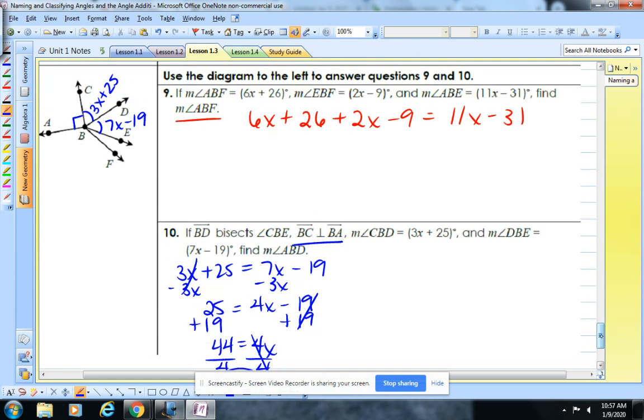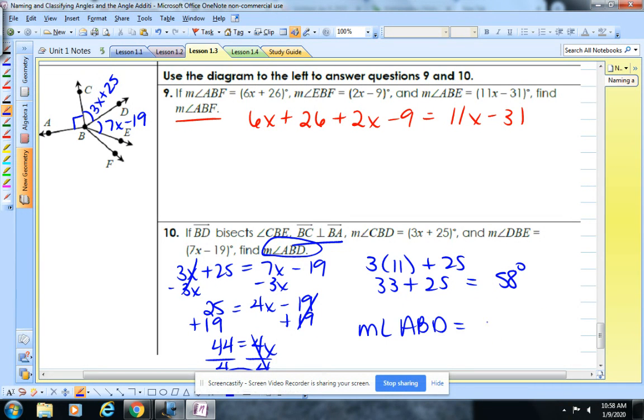So I can find the measure of this angle right here, right? 3 times 11 plus 25. 33 plus 25 equals what? 58 is that angle. And so if I want to find the measure of the whole angle ABD, I add 58 to what? Angle ABD is 90 plus 58, which is 148 degrees.